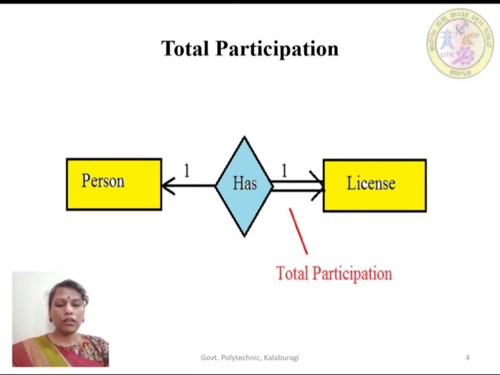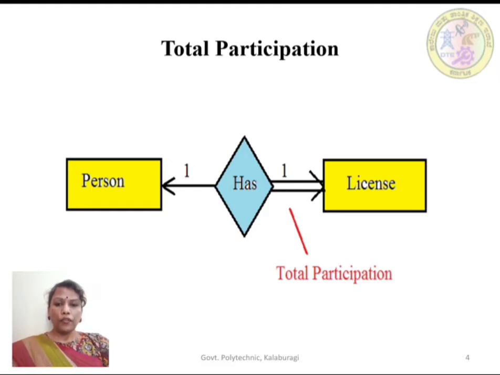Consider we are talking about the driving license. One person can have only one license, right? One person cannot have two licenses. That is, maximum one entity from person can participate in a has relationship and maximum one entity from license can participate. Okay, so that is 1:1, that is the cardinality ratio.